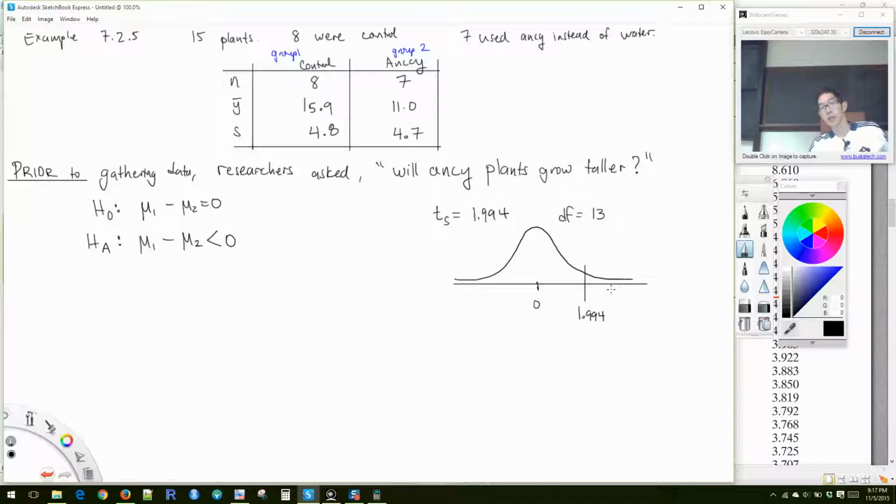Because we have the less than sign, we want the area to the left. Our tail is between 0.03 to 0.04, but our p-value is actually everything over on this side. So what is our p-value?